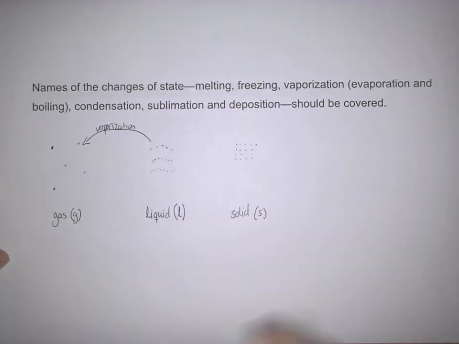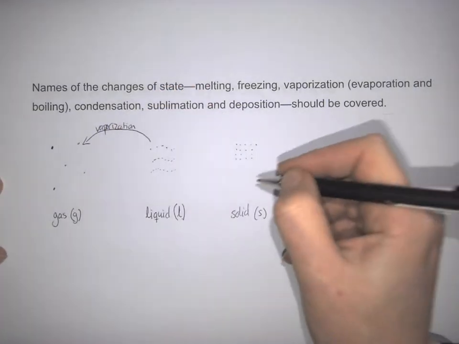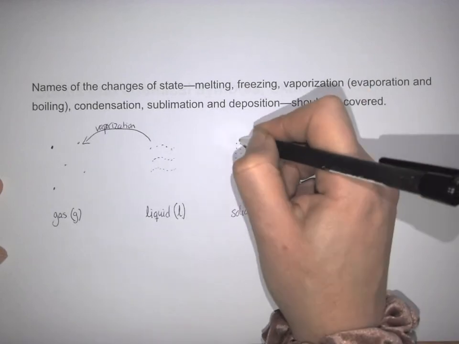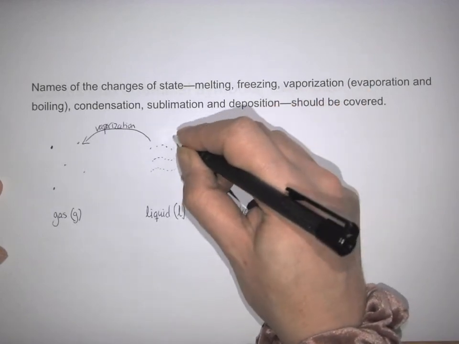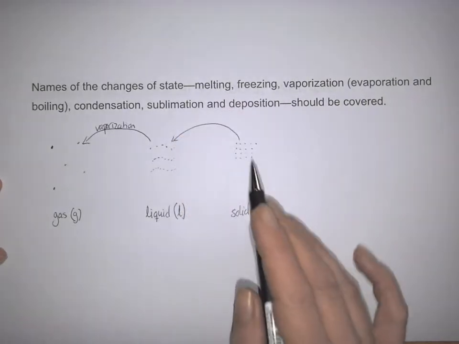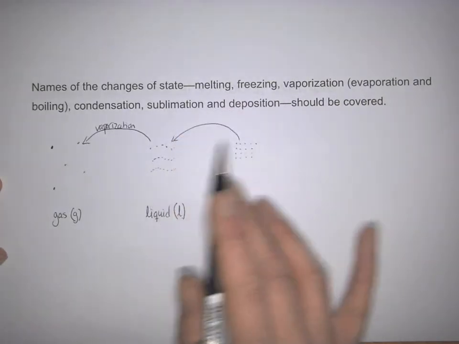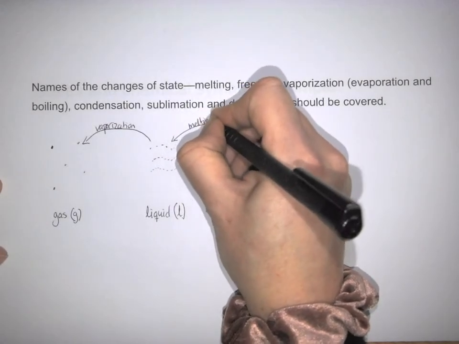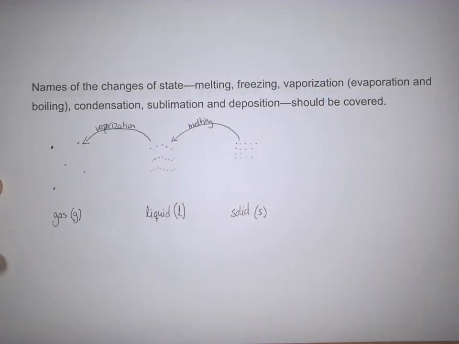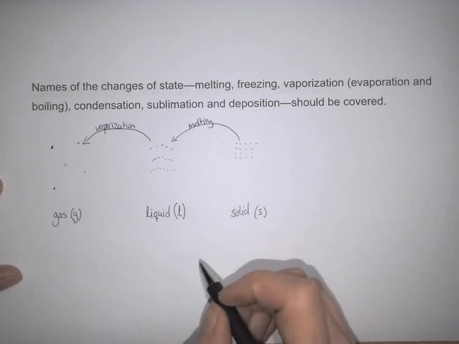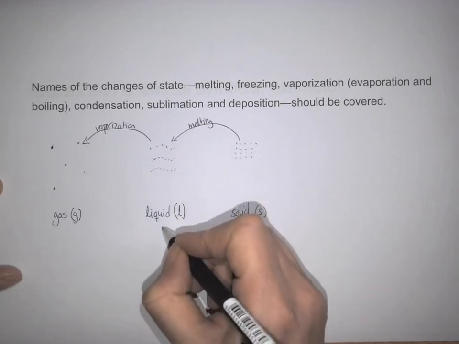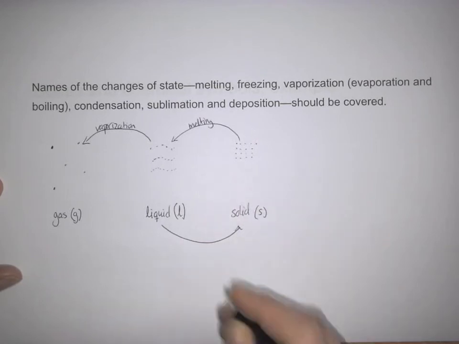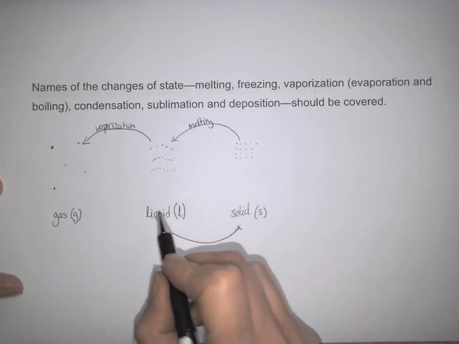If we take ice out of the freezer and make it melt, it becomes liquid. So the process where it goes from solid to liquid is called melting. Then if we put the water in the freezer, it will freeze, of course. So freezing is the process where it goes from liquid to solid.